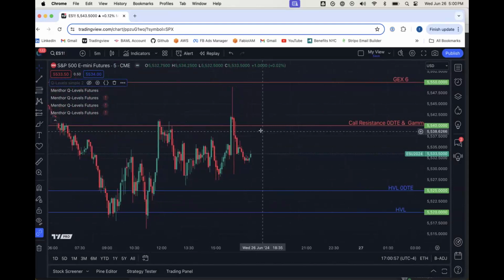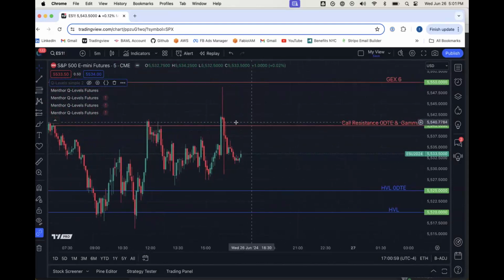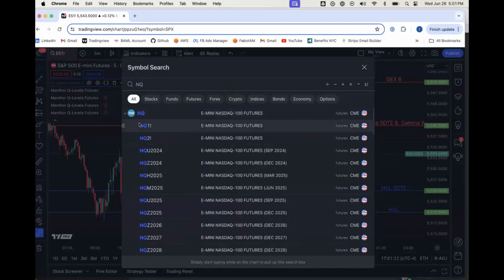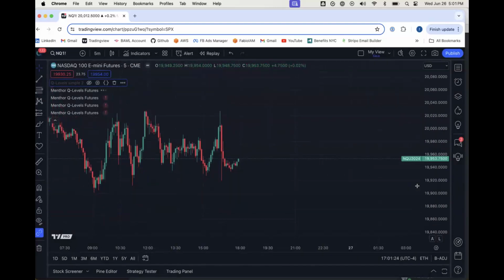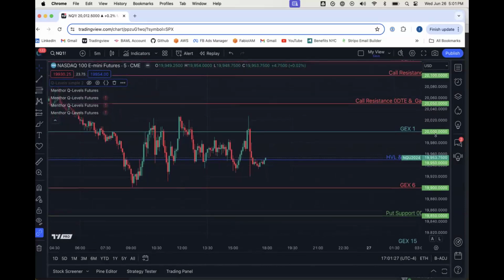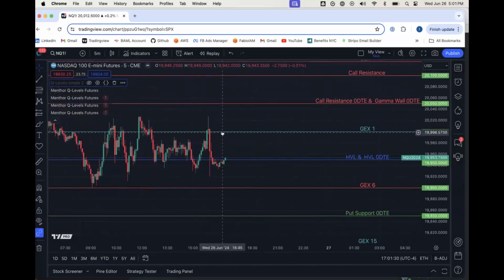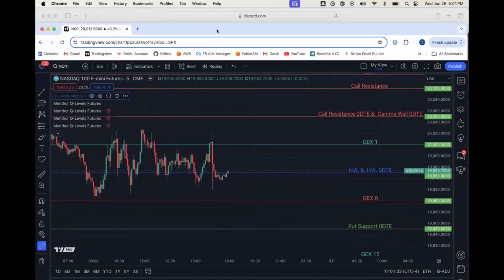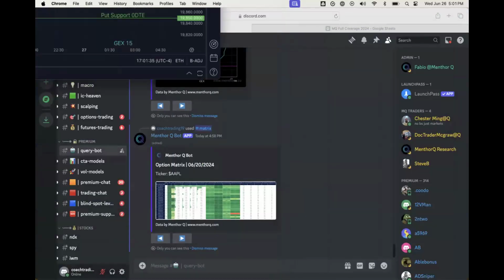We typically see, especially with zero DTE, what's called a pinning effect that tends to stick the price to that level because of the way the flows are working. You see here a lot of bars, maybe an hour or so, where the price tends to stick on that level. And if we look at the NQ, today we saw a very big ranging on those gamma levels. So JAX1, again, is not the call resistance, but is the first level with the highest gamma.